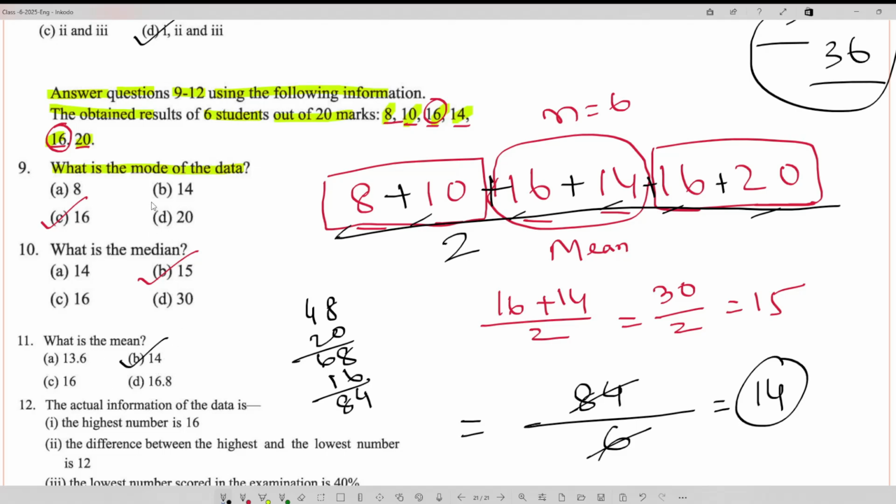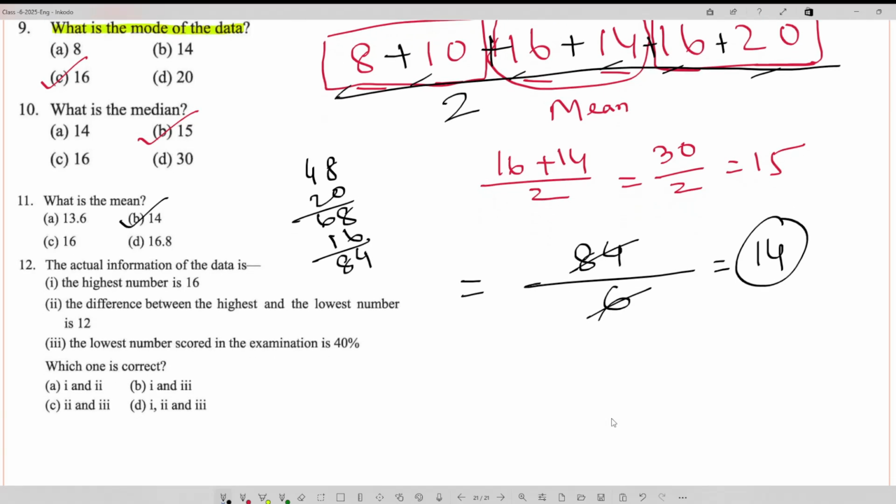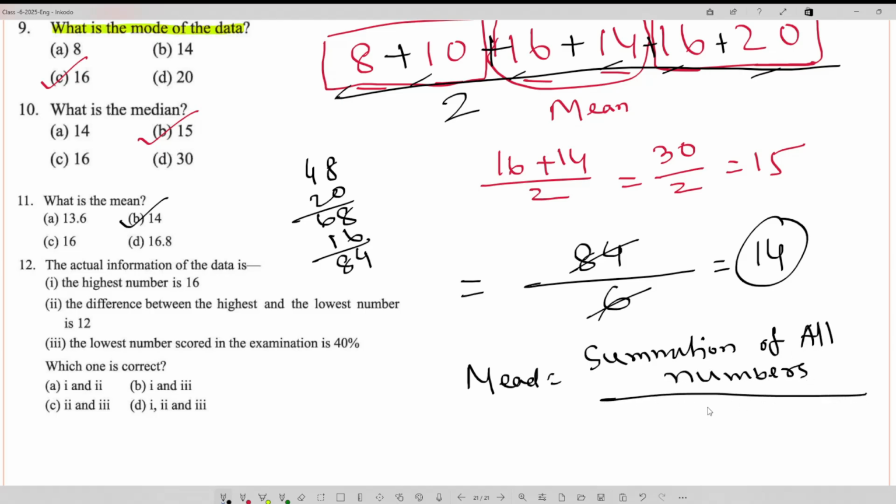The mean is all the numbers we have to add, or we can say summation of all numbers. So, what is the meaning of mean? Mean is summation of all numbers, divided by the count of all numbers.